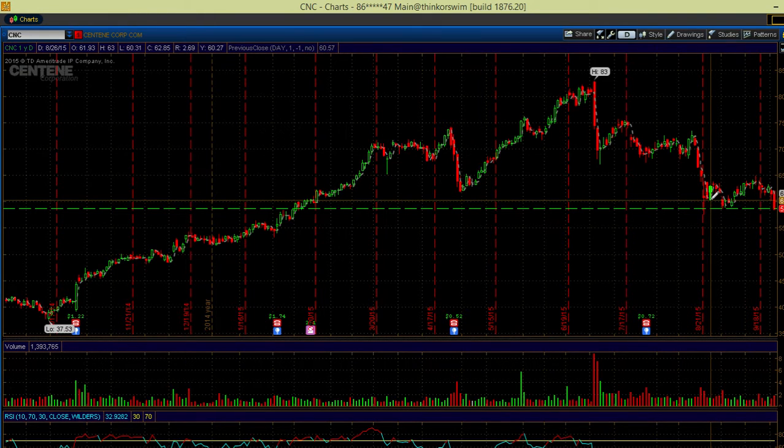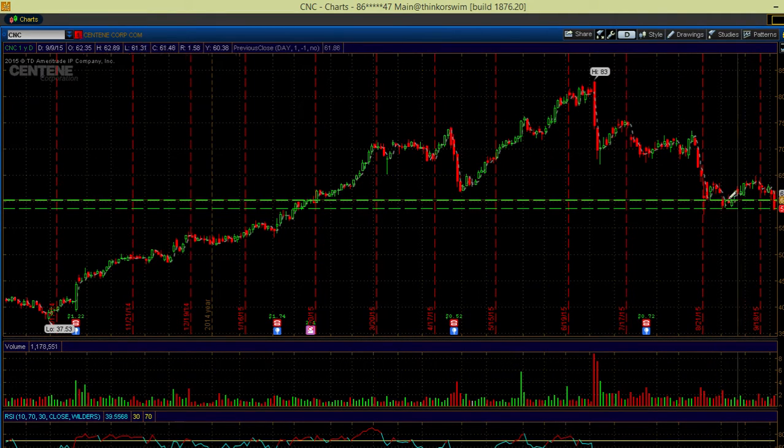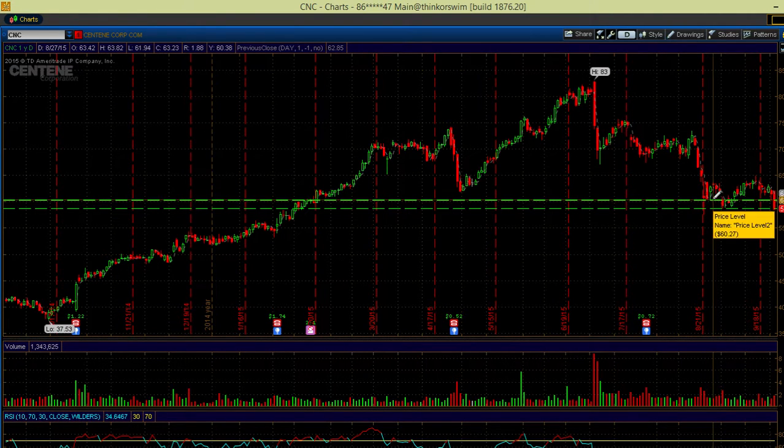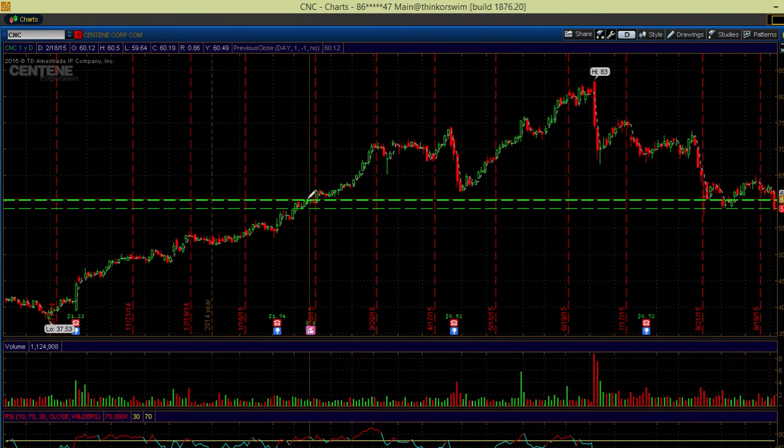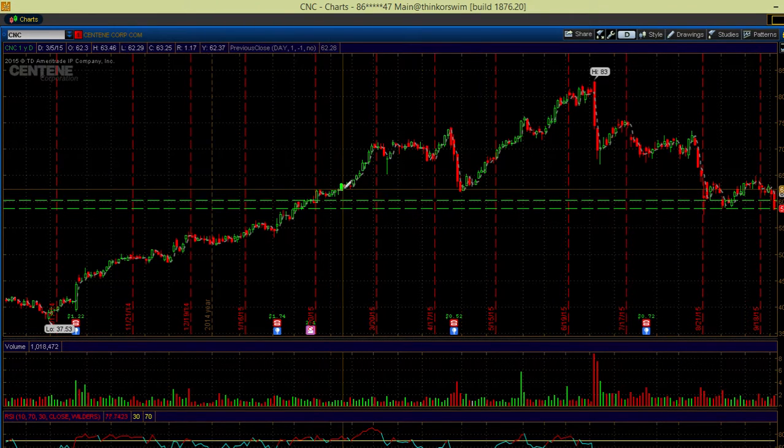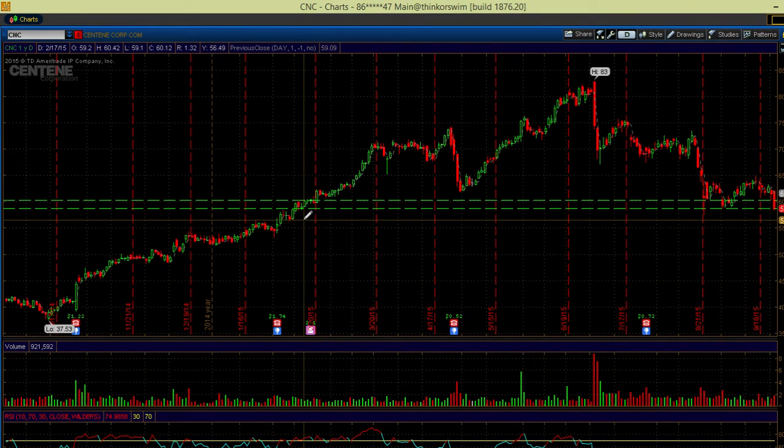All right, here, this one, see 60.31, 60.27, that's close enough. And then you can see here where you had one candle here, two candles, one here. Then I like to look back. Here it acted as resistance for these candles here before it was able to pop and continue to move back up.